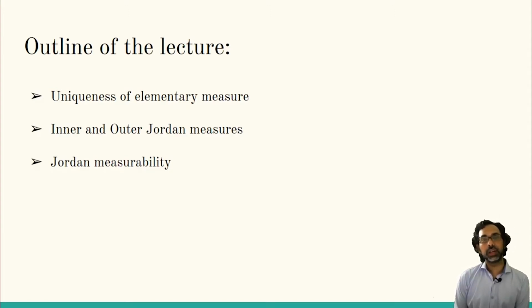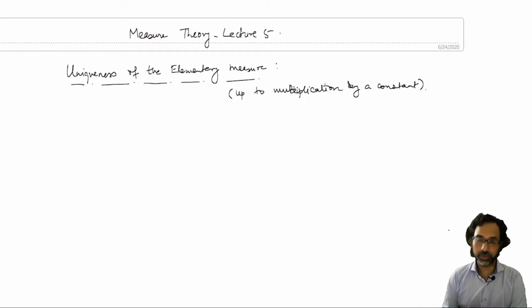We will see that our inner and outer Jordan measures are always finite, and if these two numerical values are equal, then we call that set to be Jordan measurable. So let's begin with the property of the uniqueness of our elementary measure, but this holds only up to multiplication by a constant. So I will explain what this means and where the uniqueness is coming from.